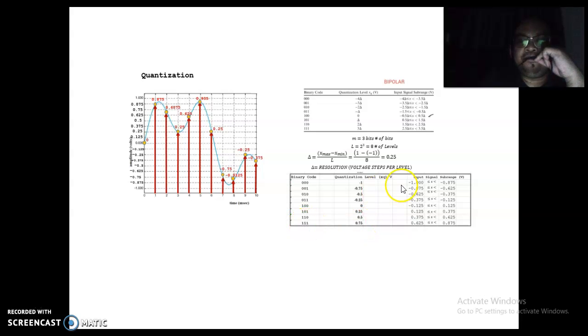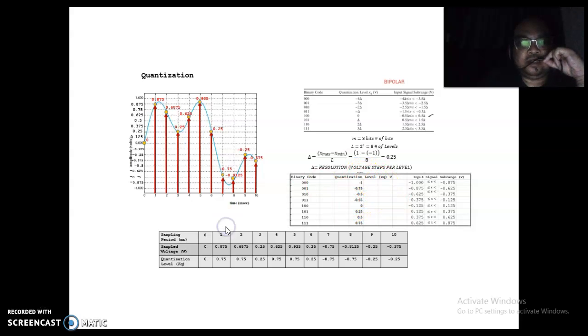So as you can see, the sampled voltages will be grouped into ranges and divided into 8 levels, depending on the number of bits you have. For 3 bits, there are 8 levels, and those sampled voltages will fall in these levels only.